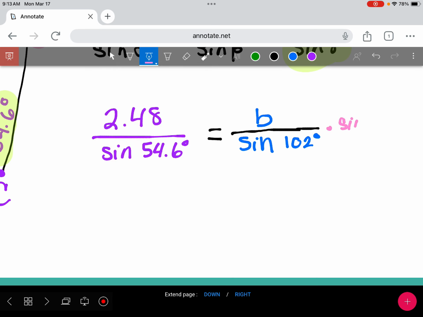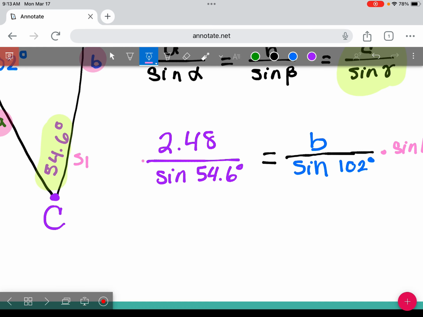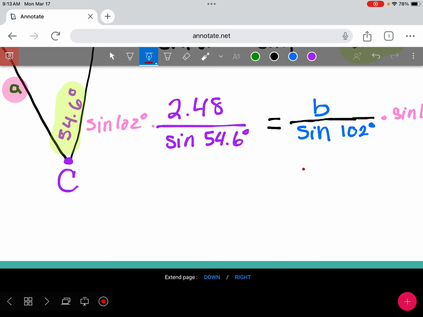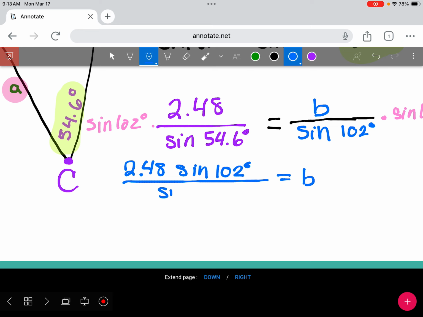I'm going to multiply by our denominator, sine of 102 degrees. So we're going to get that B is a hot mess of a fraction, 2.48 times sine of 102 over sine of 54.6. Gross. We want to get that as a number.